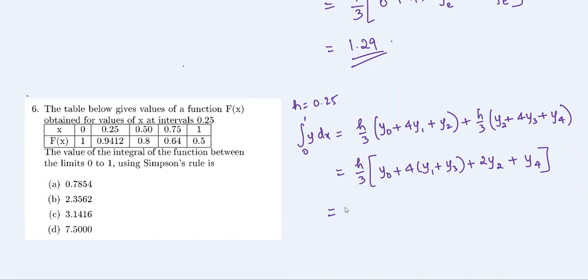This is what we get. h upon 3 is 0.25 upon 3. y naught here is 1, 4 times y1 plus y3, that is 0.9412 plus 0.64, plus 2 times y2, that is 0.8, plus 0.5.